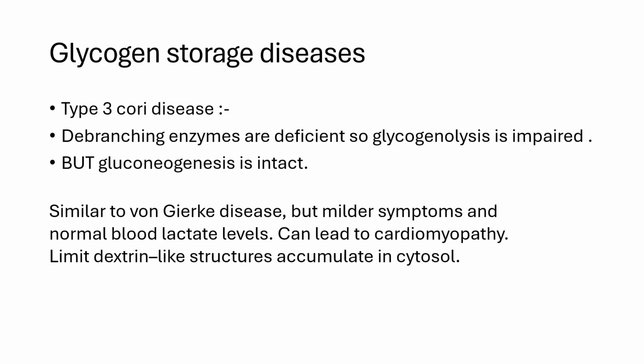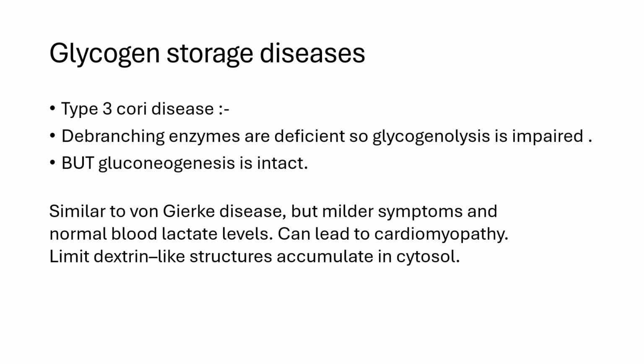Now type 3, Cori disease. This is caused by the deficiency of debranching enzymes, so glycogenolysis is impaired, like breakdown of glycogen into glucose is impaired. But gluconeogenesis is intact.